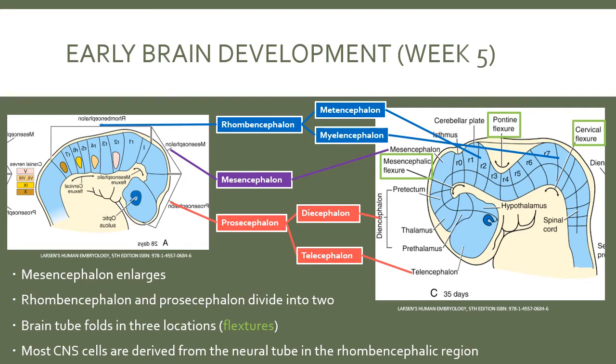The cytodifferentiation, or the cellular development or differentiation of the neurons, comes from the neural tube, but primarily in the region of the rhombencephalon. So those are the ones with the blue background here. First, you get neurons developing, followed by the glial cells, the support cells, so the astrocytes, oligodendrocytes, and ependymal cells. All of those are produced after the neurons.